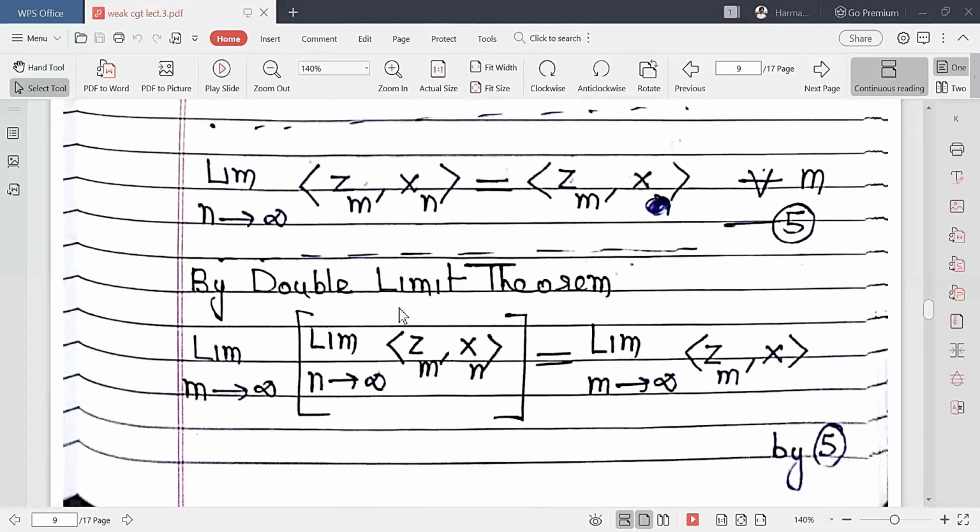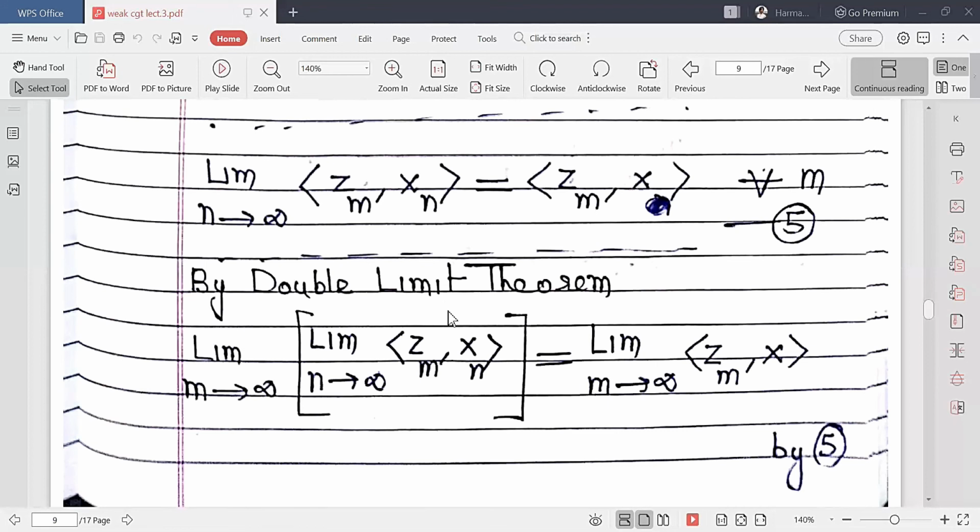Now by the double limit theorem, we know that the limit as m approaches infinity of the limit as n approaches infinity of this value is equal to the same with the limits interchanged: similarly, here we can replace limit n approaches infinity with limit m approaches infinity, and they are equal.